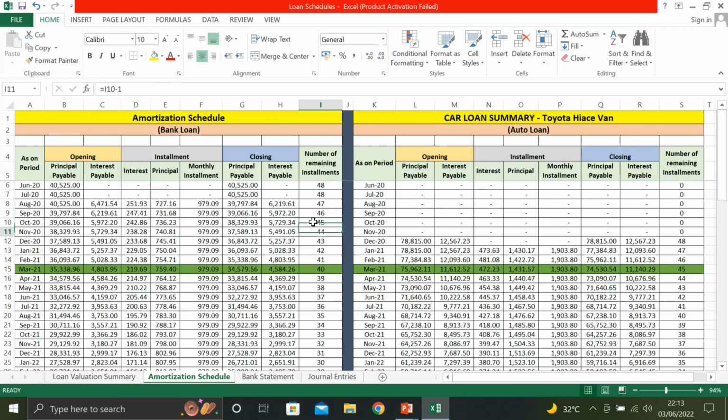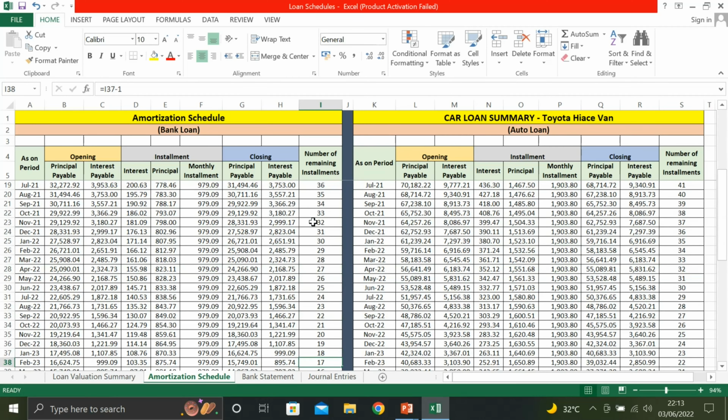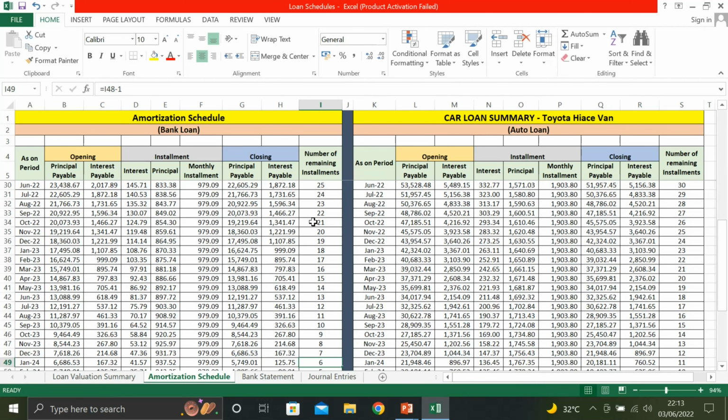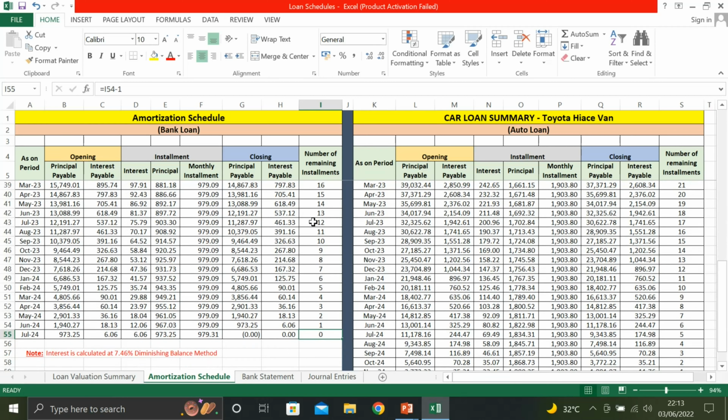So at any point of time you can check, if you are in March 2021, you can see this much we have paid and now the principal amount payable is 34,579 and the number of installments remaining is 40. When this loan is going to finish, you can also track in this sheet that this loan will be finished in July 2024.